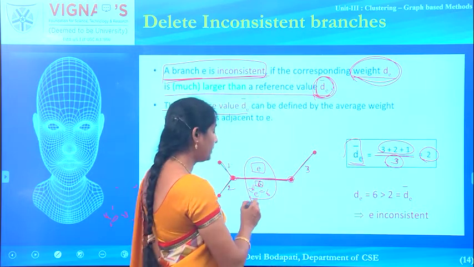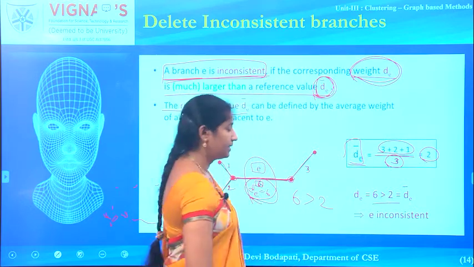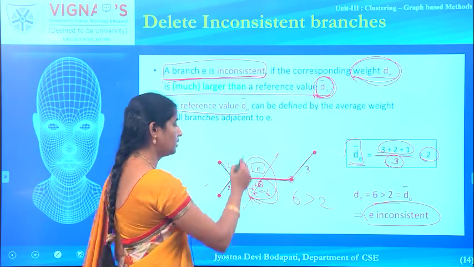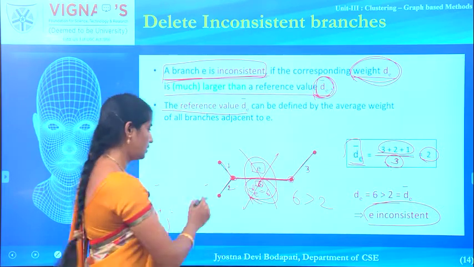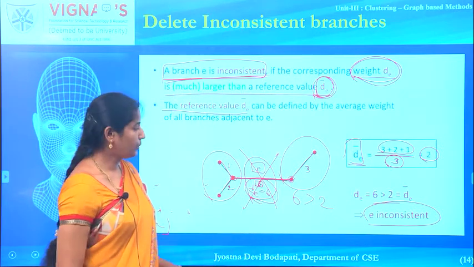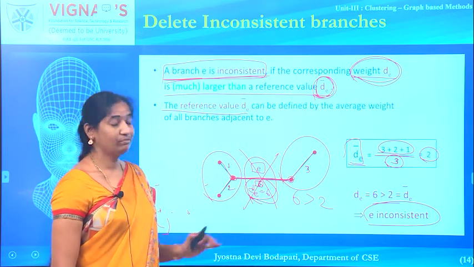That is, 6 is greater than 2, so you can call this edge an inconsistent edge. Maybe you can remove this to get the clusters. So now this forms one cluster and this forms another cluster. That is how you can remove the inconsistent edges from the graph to get more number of clusters.